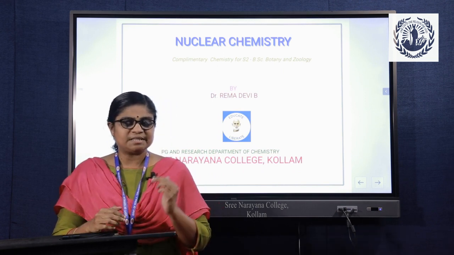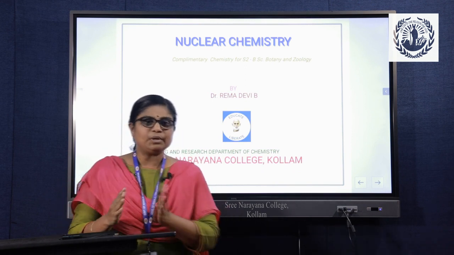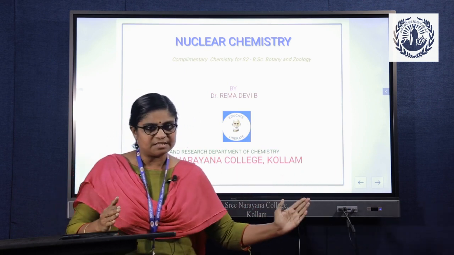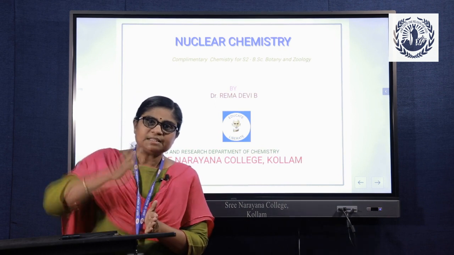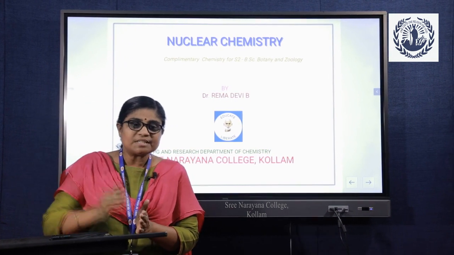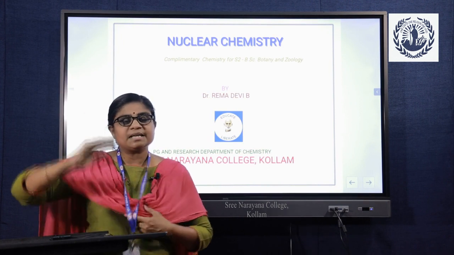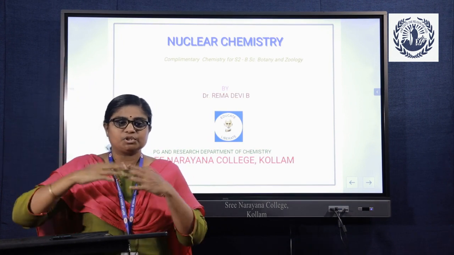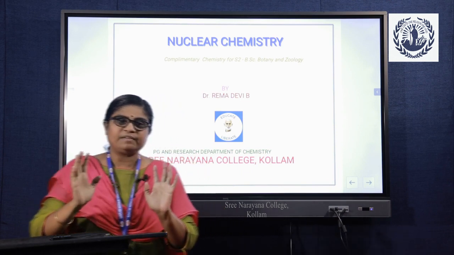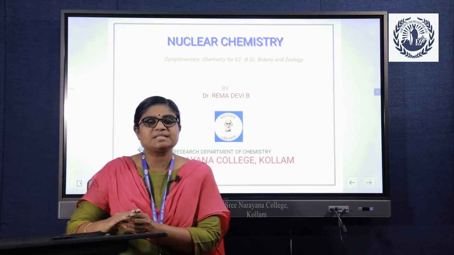From the periodic table it is clear that up to atomic number 83 the nucleus are stable. Below 83 all nucleus are stable. They are not showing any radioactivity. But above atomic number 83 the nucleus are unstable, and in order to get stability this unstable nucleus having atomic number greater than 83 will show radioactivity, or radioactive rays are eliminated from the nucleus and they come to the stabilized state.